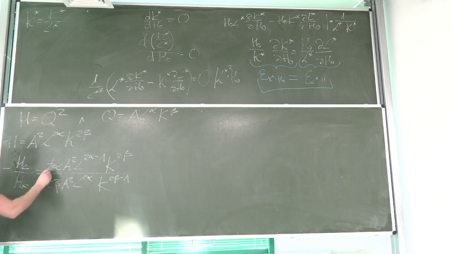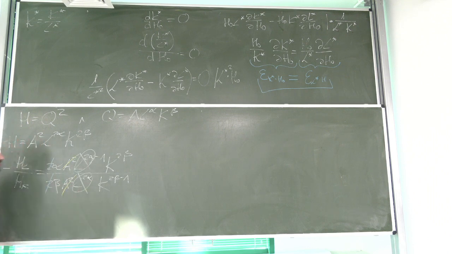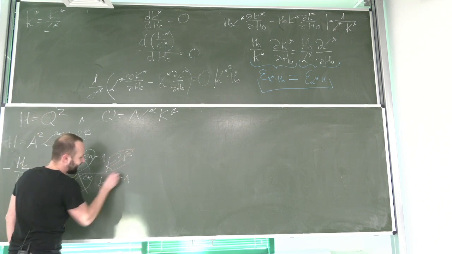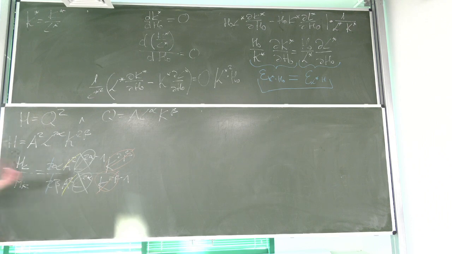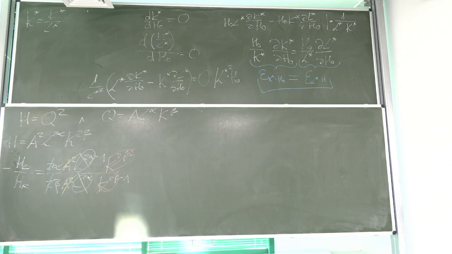Well, we see that 2's are canceling each other out, A squares are canceling each other out. We again see that this part and this part are canceling each other out. So at the top we've got L to the power negative 1, which means we need to bring it into the denominator, while here we've got the opposite situation because we've got K to the power negative 1 in the denominator, so it's going to move to the numerator.